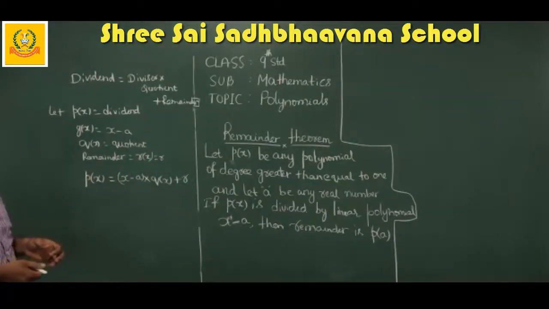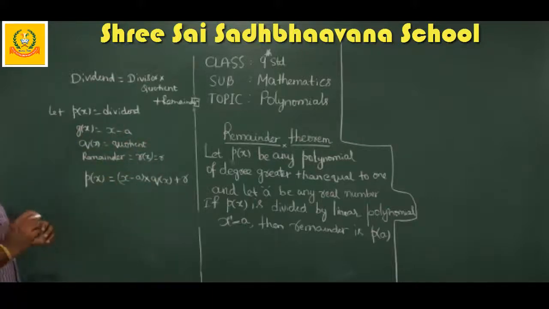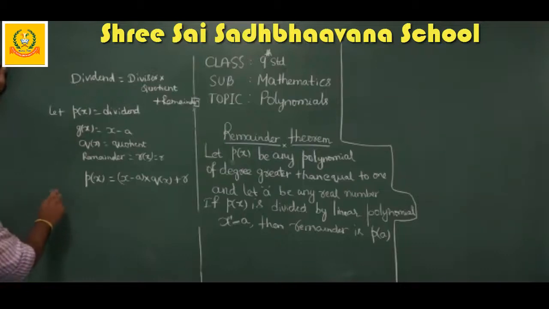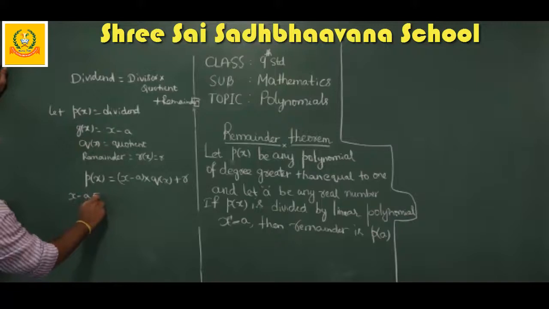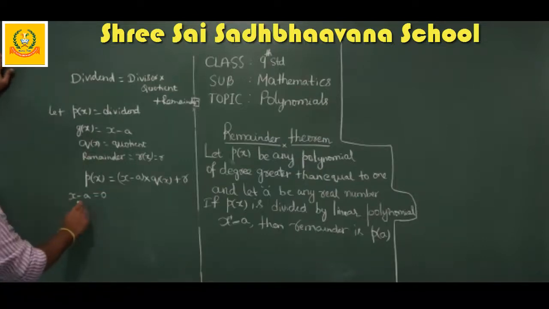When is the remainder possible, and how can we find it? See, we are dividing with the linear polynomial x minus a, correct? An easy method I am explaining: whatever divisor you have, equate that divisor to 0.